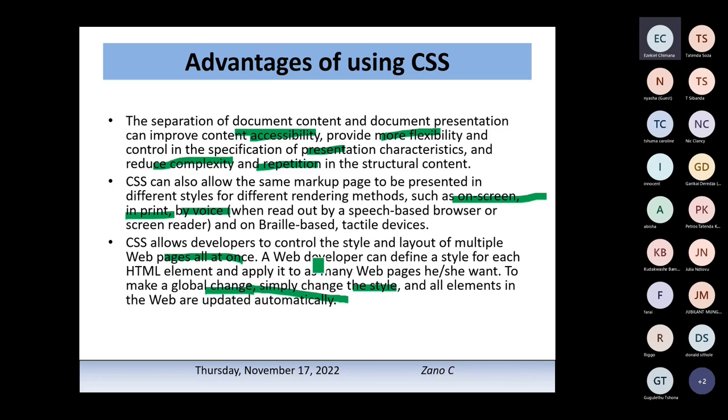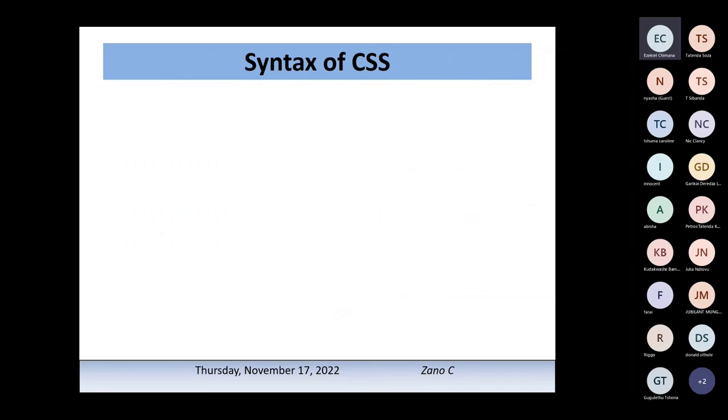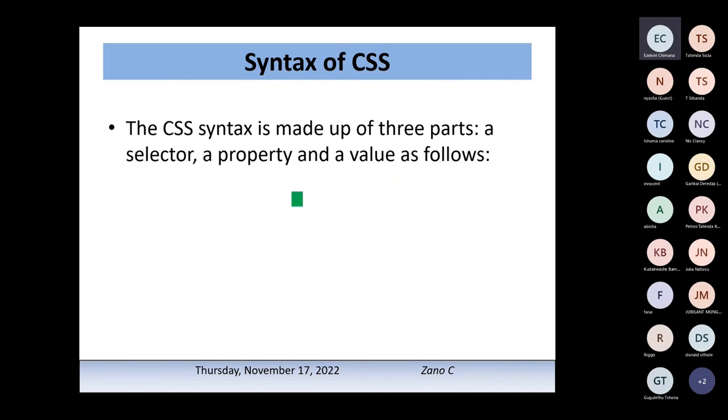So this is the power of separating HTML and CSS. Any changes that you make to your CSS file will affect all the HTML documents linked to that CSS file. So instead of visiting each and every document, changing each and every style, you can change it at once.